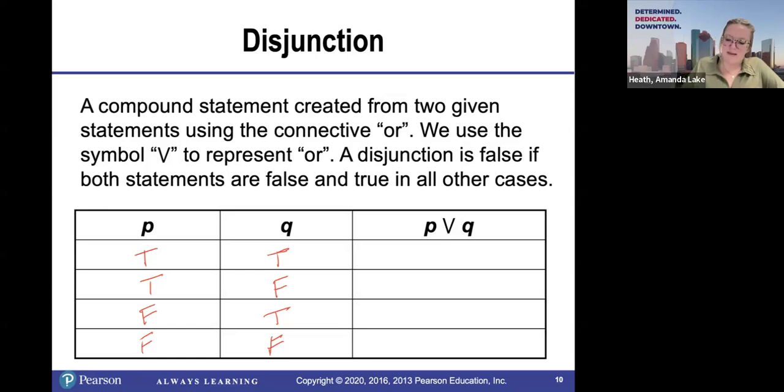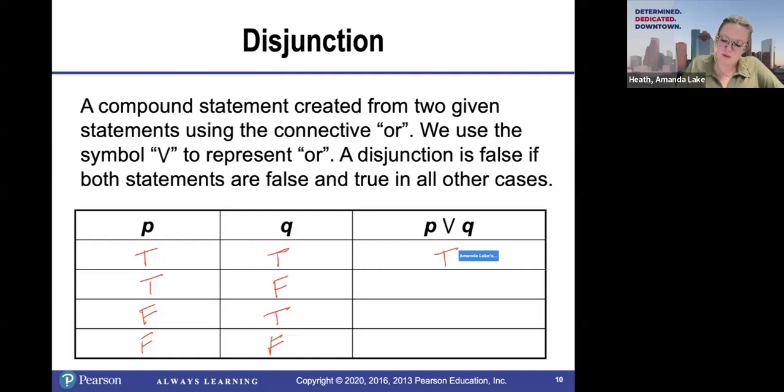So in our same example, parking garage is full, it's raining. "The parking garage is full or it's raining" is true when either the parking garage is full or it's raining, but not true if the parking garage is not full and it's not raining. So P or Q, when they're both true, will be true.